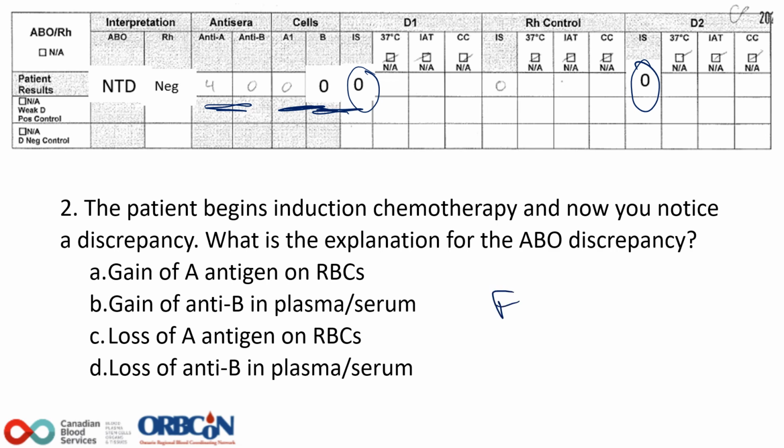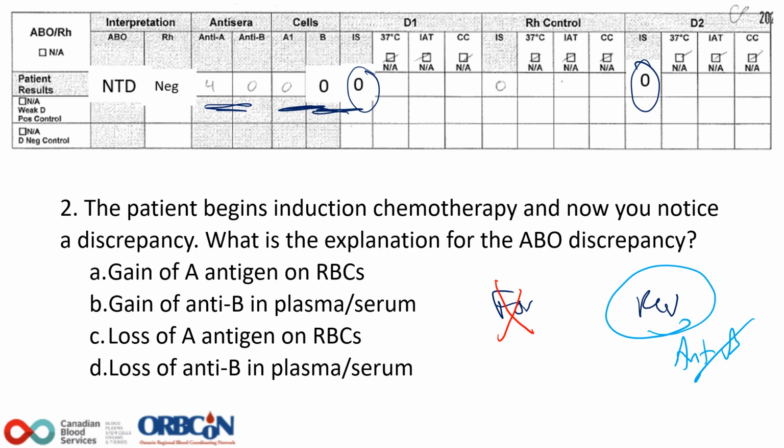So remember, we have a forward discrepancy and we have a reverse discrepancy. We have to decide which is which. Since we knew the historical, we know that it's not the forward typing, because the forward typing still types as a group A. What's odd in this particular case is that our reverse typing is now different. We used to have an anti-B, and it's gone now.